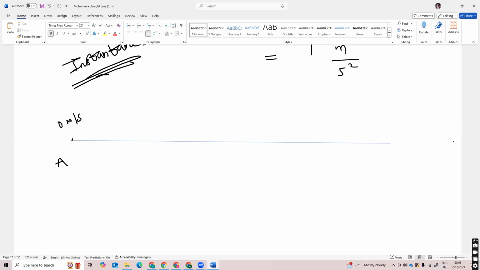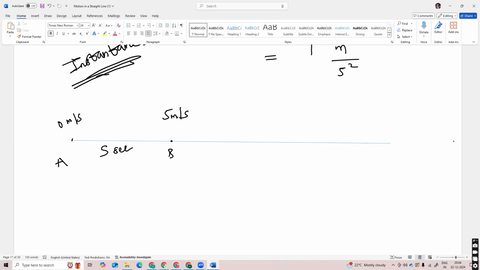Then it starts moving towards point B at constant acceleration, or its velocity started increasing, and when it reached point B, its velocity was 5 meter per second, and it took 5 seconds to reach from point A to point B.